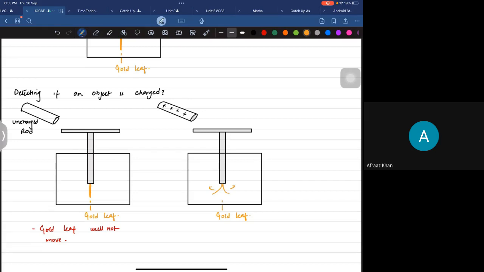Okay. Now, why are they moving like this? Because if you bring a positive charged rod, the electrons will be attracted towards the plate, and on the rod, the protons will be left. And on the leaf as well. So basically, what happens is that the protons repel protons. This is the reason they just get repelled. Alright, so we're going to say electrons move to the other end.